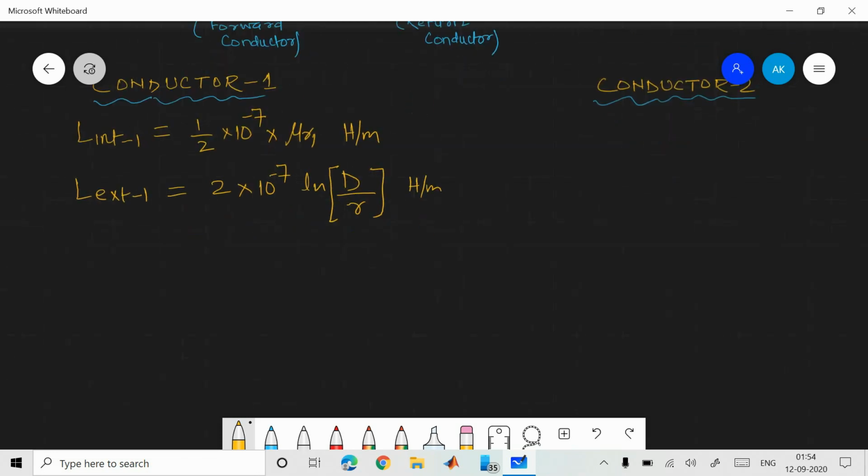If you add both L internal and L external, you get L total of the first conductor: 1 by 2 into 10 raised to power minus 7 mu r1 plus 2 into 10 raised to power minus 7 ln d by r, in Henry per meter.